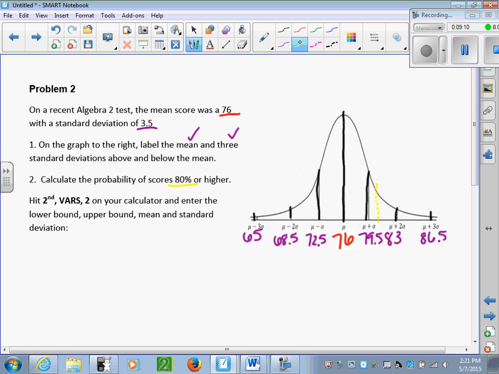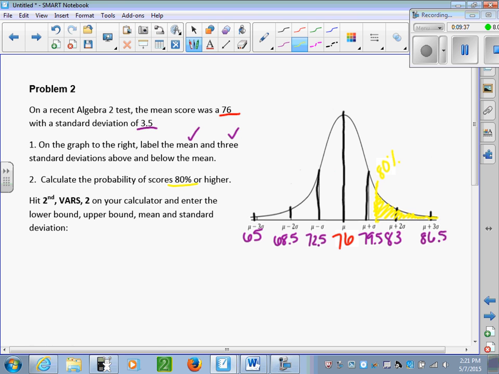And I want to know the percent of scores that are represented above 80%, so this shaded area, above 80%. Okay, so again, to do this, since it's not exactly 1 standard deviation, I'm going to have to use normal CDF. I'm looking for that yellow shaded area.